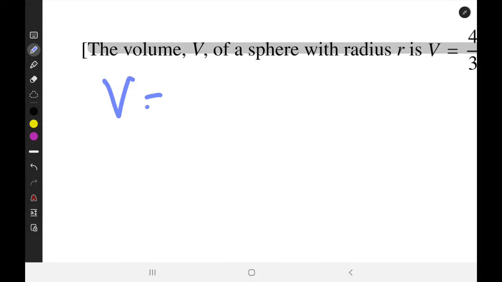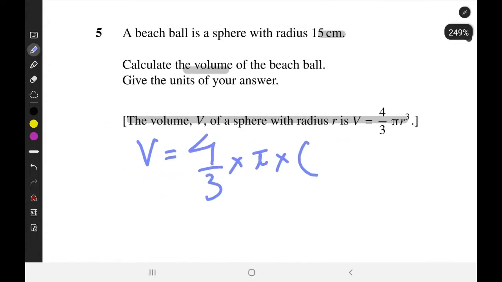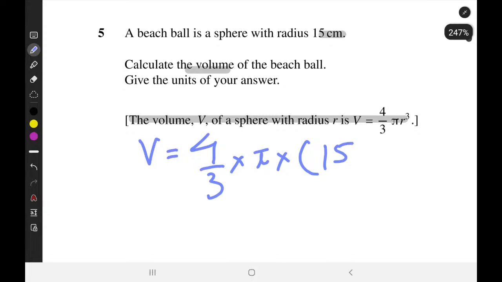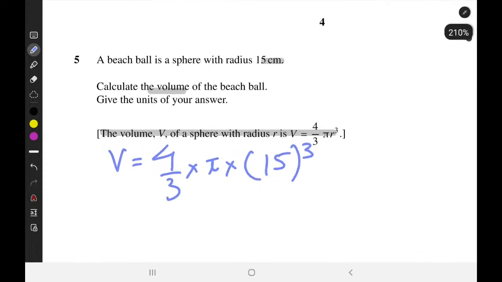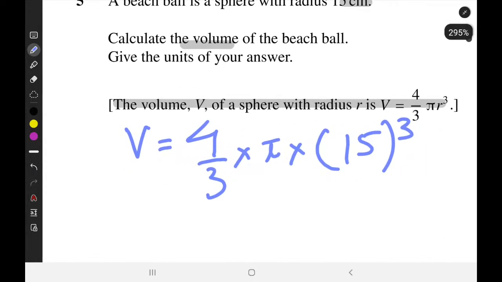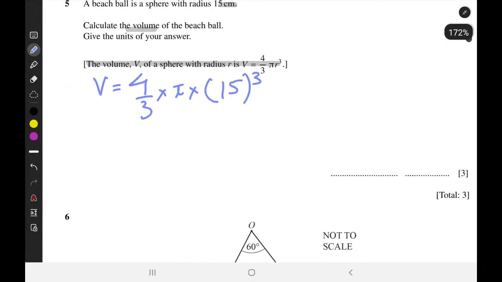It's going to be V is equal to 4 upon 3 multiplied by pi multiplied by r cube. What is r? It's 15. So you are just going to give the units of your answer. Okay, good one. Let me write this beforehand. So you're just going to calculate it.